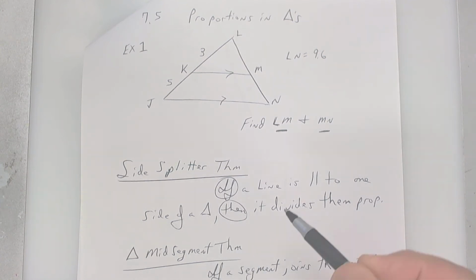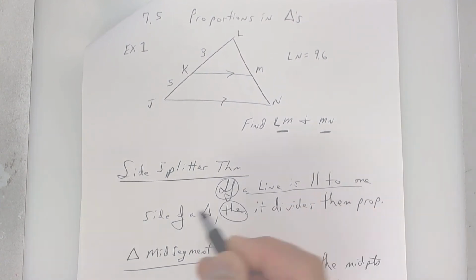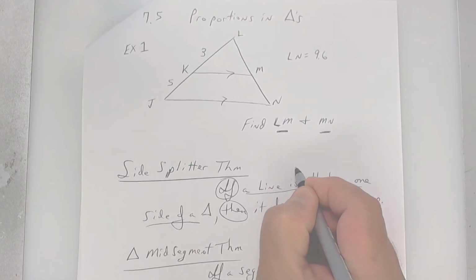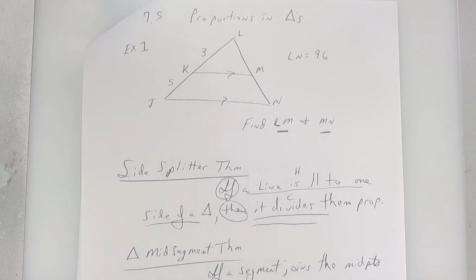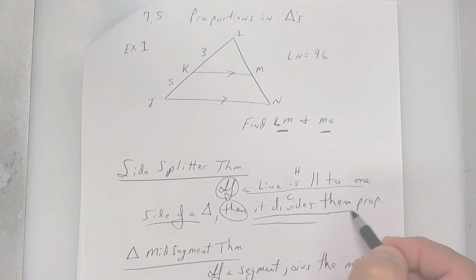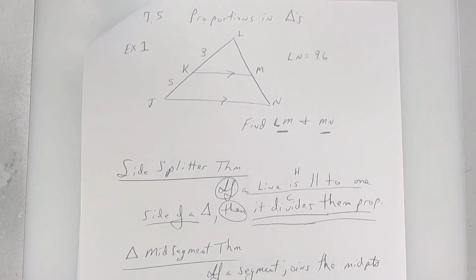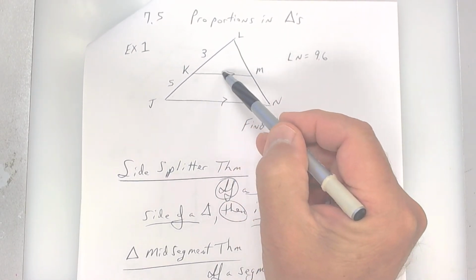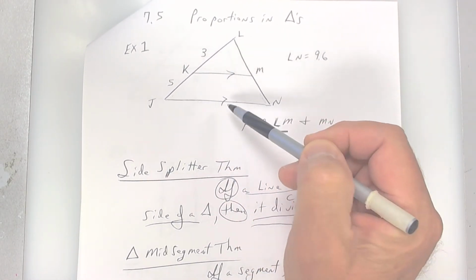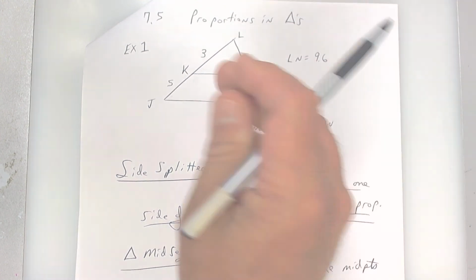Remember, your hypothesis is the first part without the word if, and the conclusion has two lines. Okay? And there it is. So we have a conditional. It says if you have a triangle and a segment parallel to one side, then it splits it proportionally. Now watch how I do this.